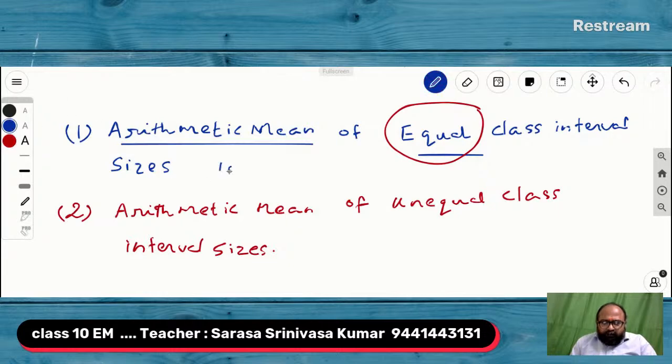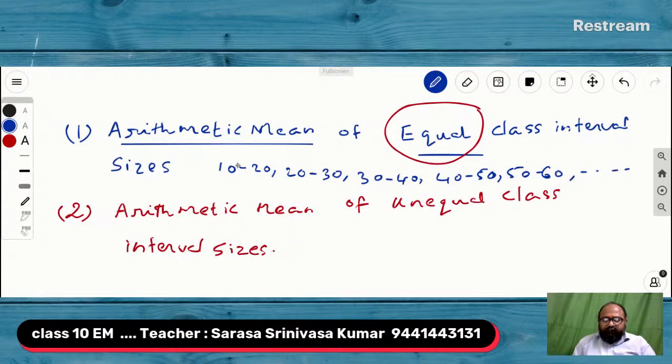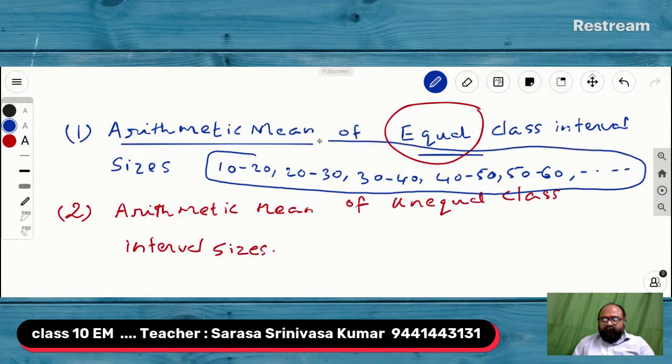Class intervals like 10 to 20, 20 to 30, 30 to 40, 40 to 50, 50 to 60 are given, and we calculated how to find the arithmetic mean for such problems.